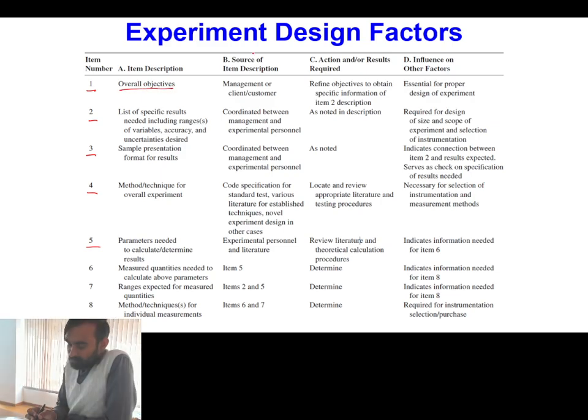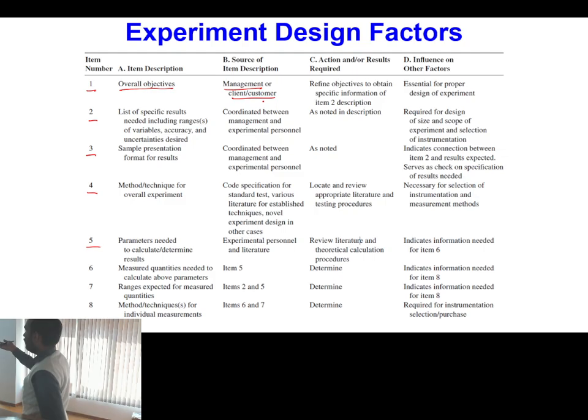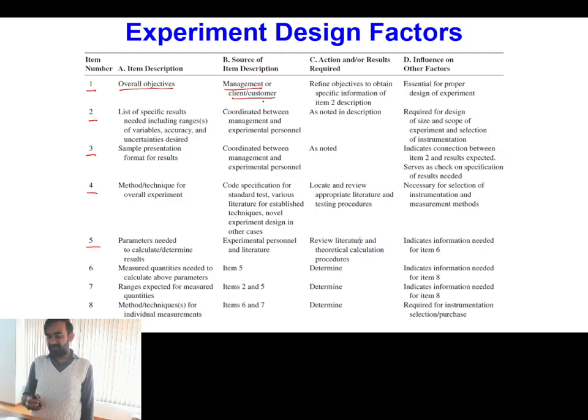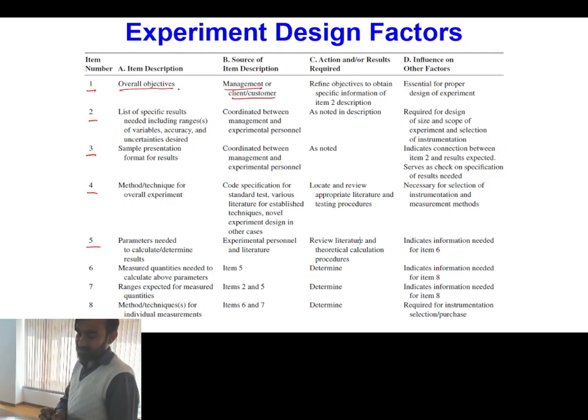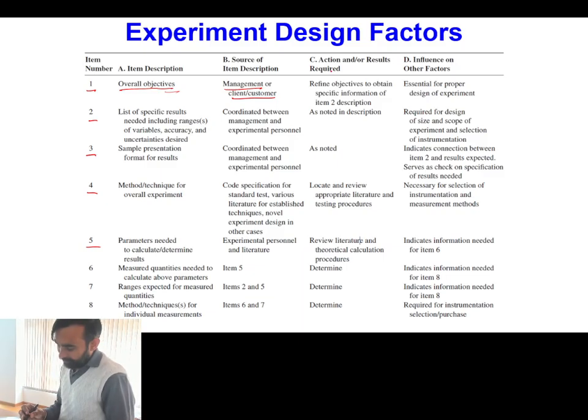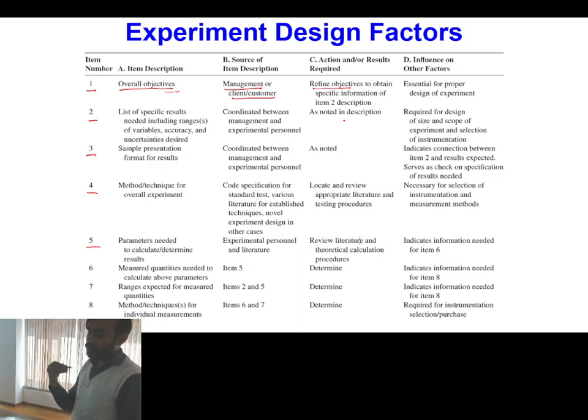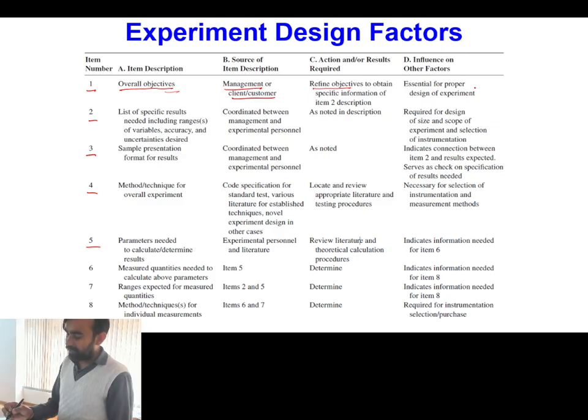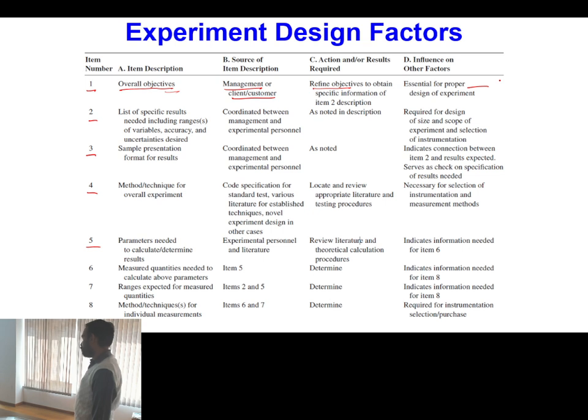If you are working in an R&D organization, it may depend upon the requirement of the management, or if you are working in a consulting firm, then it depends upon the requirement of the customer. Then, if anything specific needs to be done to refine the objectives, you will decide that, and also what other factors can control your experiment.